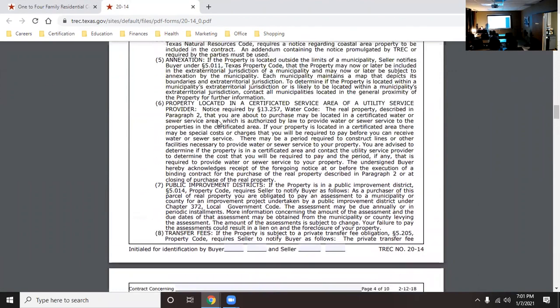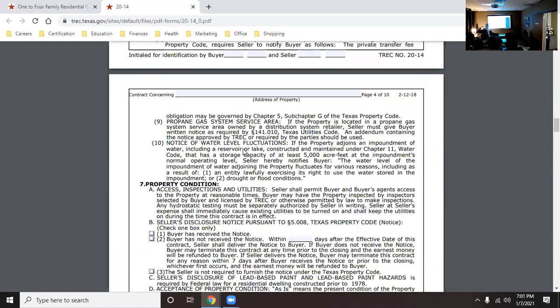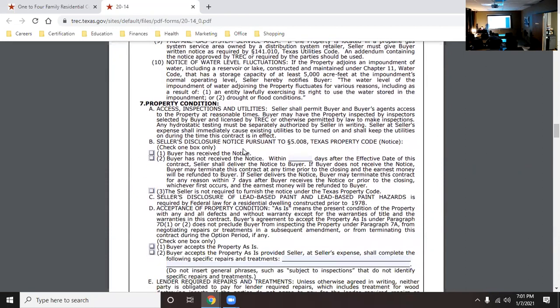Okay? Now, the key thing when we're talking about title notices, the most important one that you're going to get tested with is E1. You as an agent have an obligation to advise the buyer to obtain an abstract or have an attorney review the paperwork. Okay? That is a duty. Okay? But these next 10 are just notices.